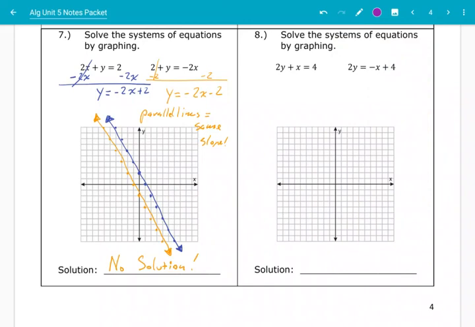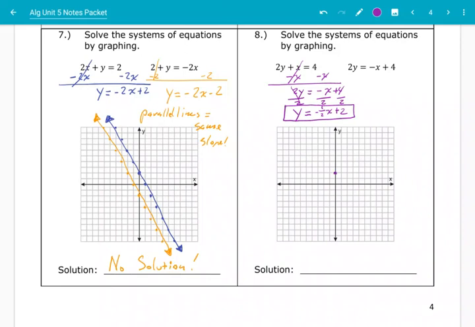Solve this system. Okay, let's subtract x from both sides. I got 2y equals minus x plus 4. Divide by the coefficient. Got y equals minus 1/2 x plus 2. Here's my first line.